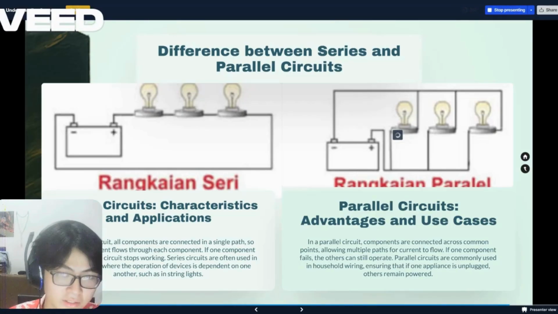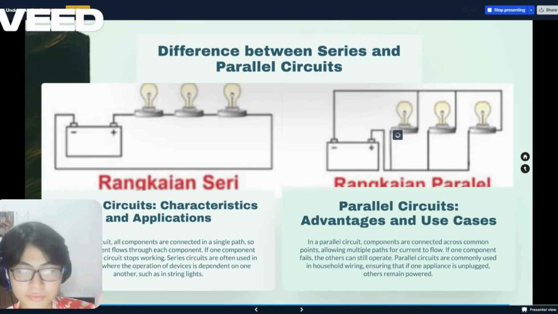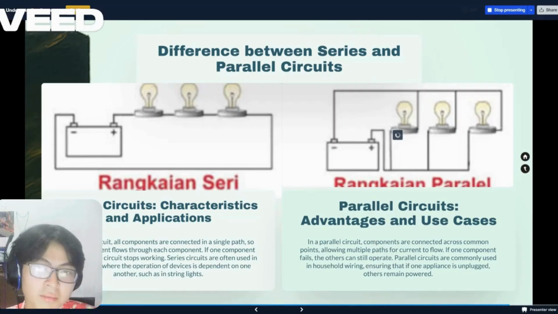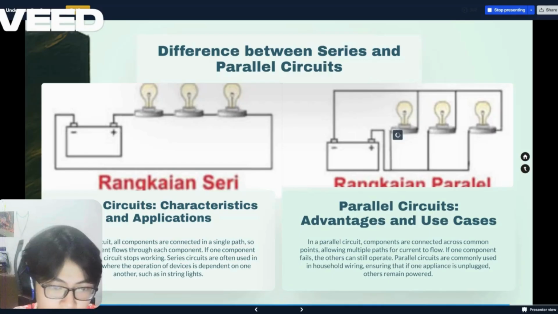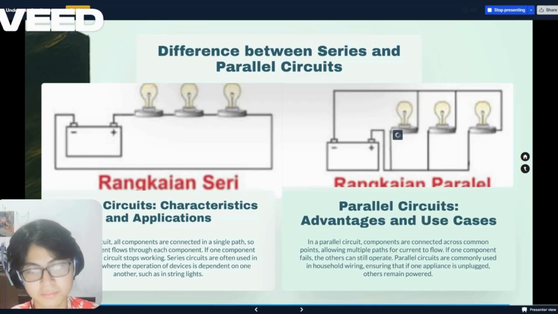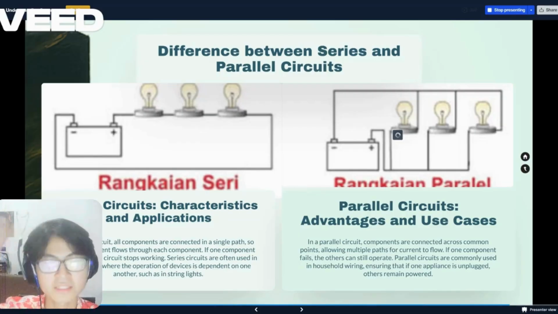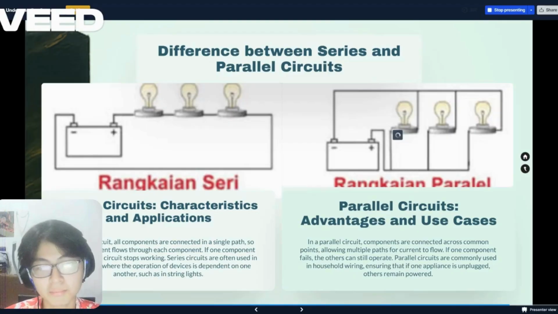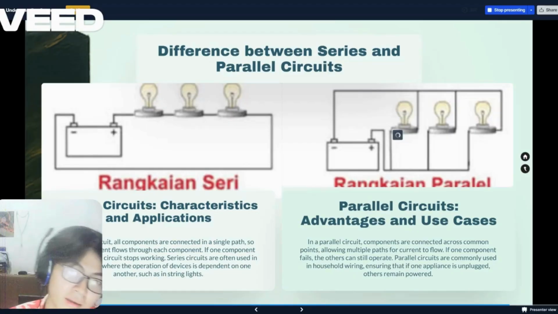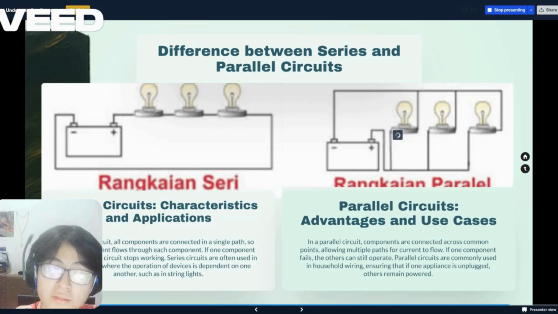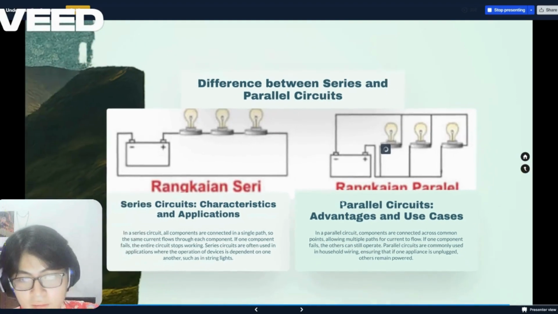That's basically it in a nutshell. But the trade-off is that parallel circuits are more complicated to maintain. Parallel circuits are commonly used in household wiring, ensuring that if one appliance is unplugged, others remain powered, like the chargers in the wall.